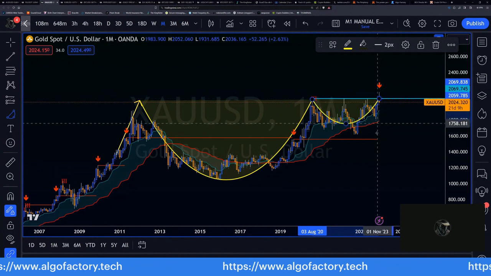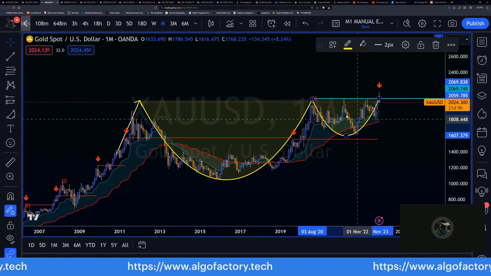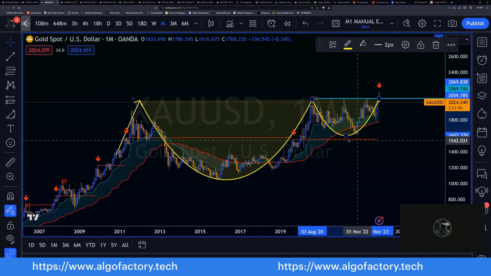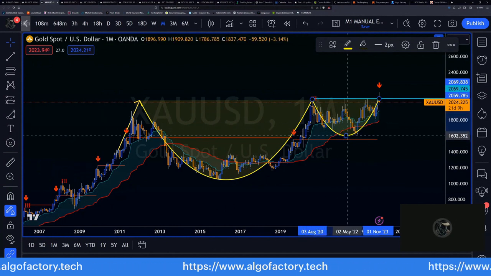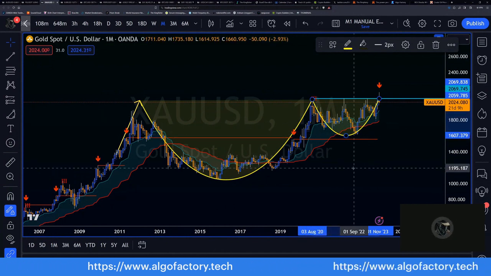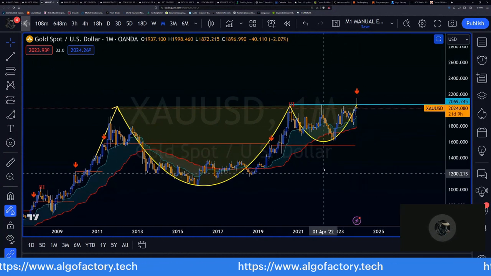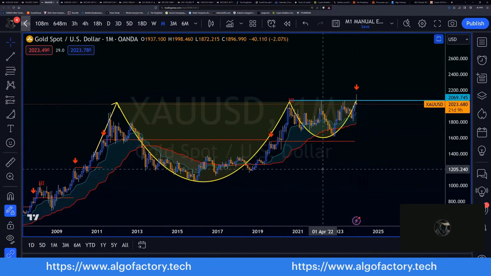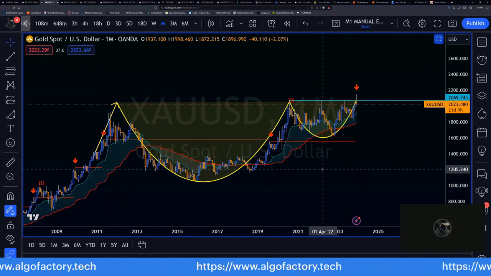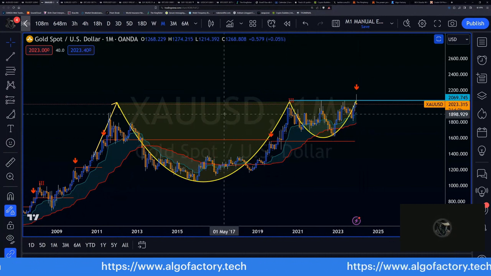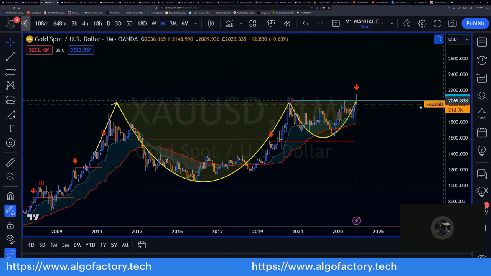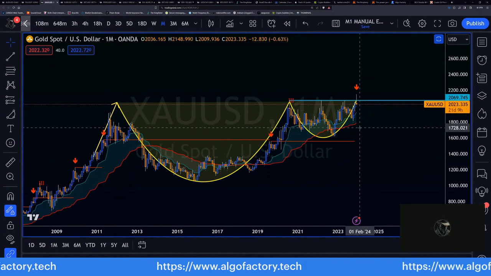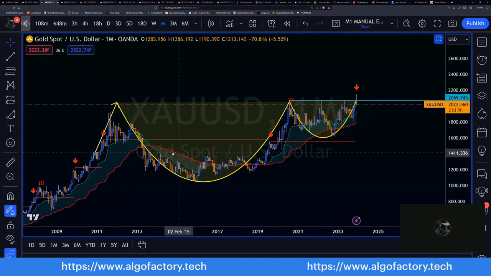The low point of this doesn't have to be a perfect arc, it just needs to come down, and there are people with different opinions on that, but I do have certain requirements. I want the handle to be no more than 50% of the cup, and some people say 30% or 33%. 50% I think is fine.